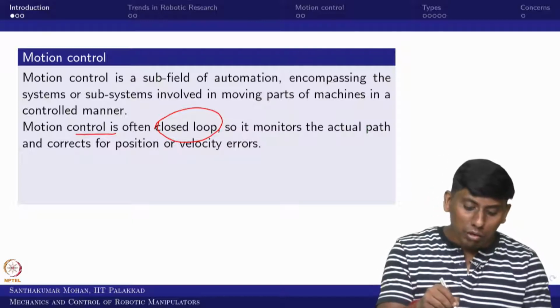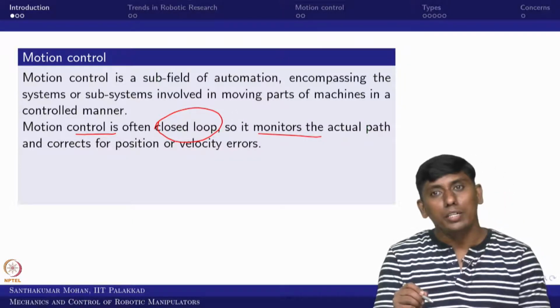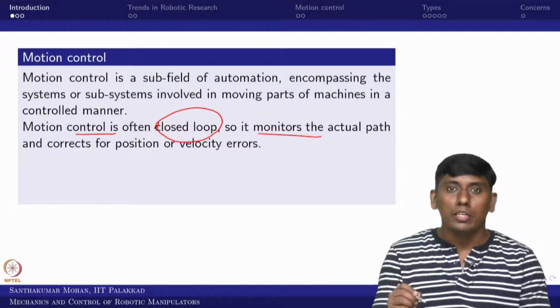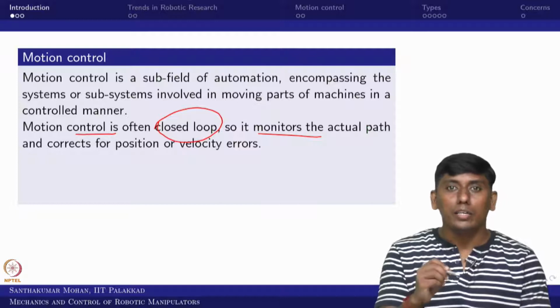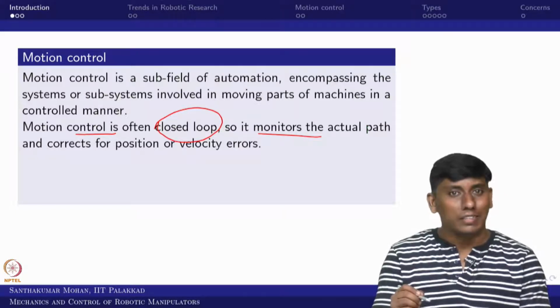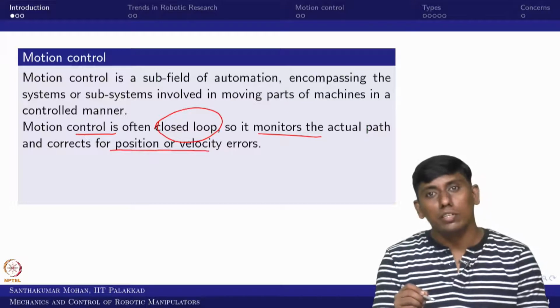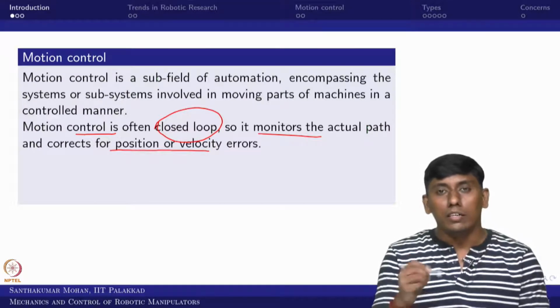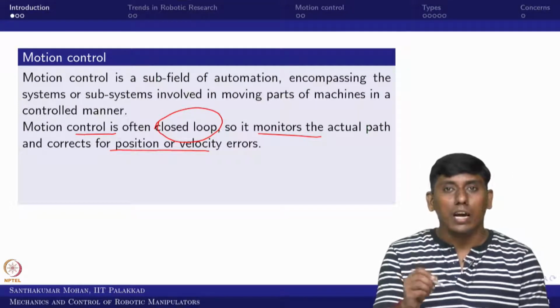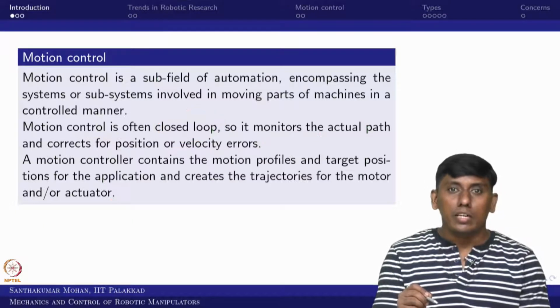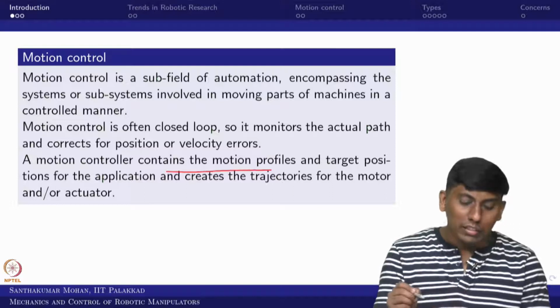In closed loop control, we monitor the actual path of the end effector or the joint motion and correct it according to what is desired. We correct position and velocity, and accordingly we correct the torque or force. Motion control contains several things.